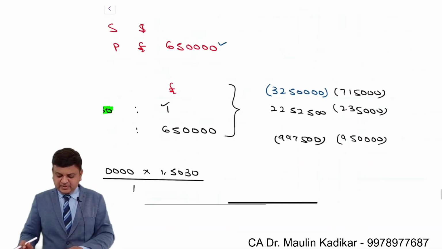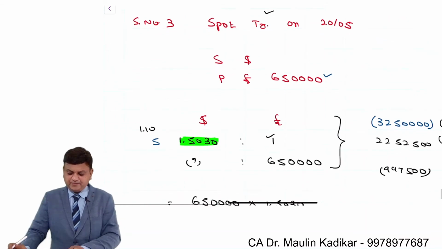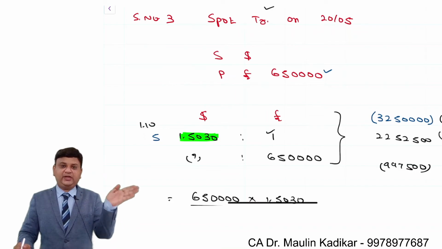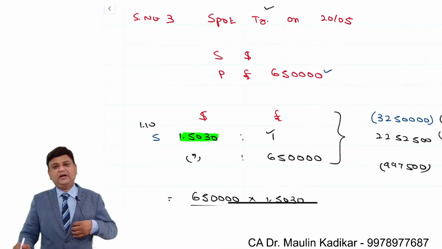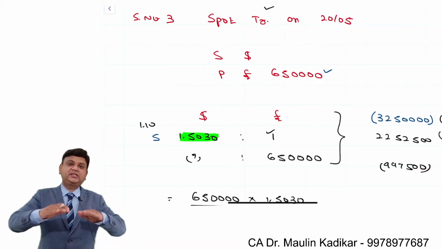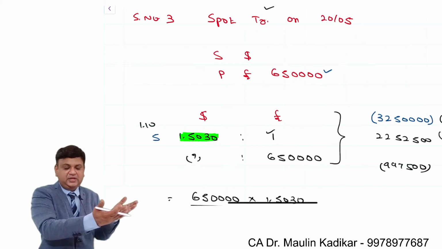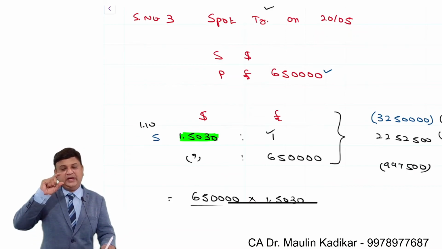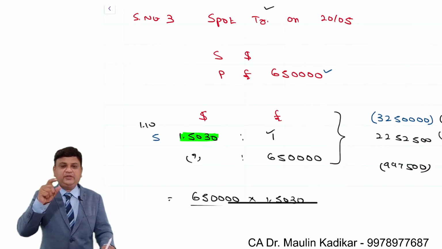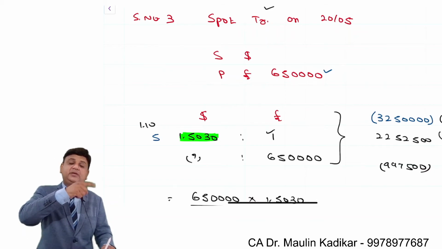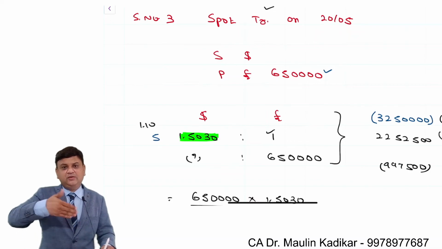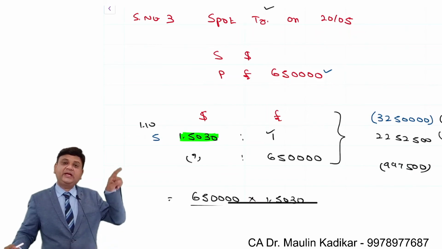One important aspect over here is that in case of the futures contract, as it is exchange traded, you cannot have the hedging for the exact amount to be paid to the exporter. You will not be able to get exactly the amount for which you have to make payment in the foreign currency. That contract is not available because it is not on one-to-one basis. It is exchange traded.